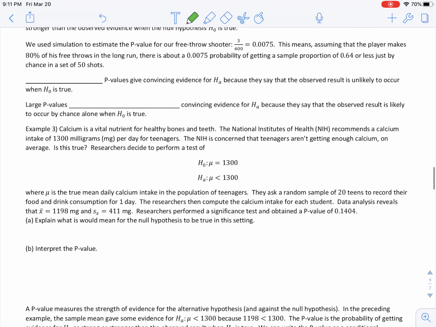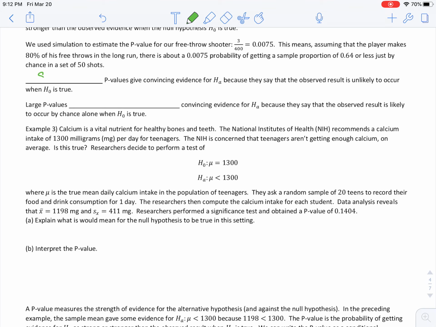So again, we use simulation. This is that super unlikely decimal I told you we would have gotten. So it seems really unlikely. There's about a 0.0075 probability of getting a sample proportion of 0.64 or less just by chance in a set of 50 shots.